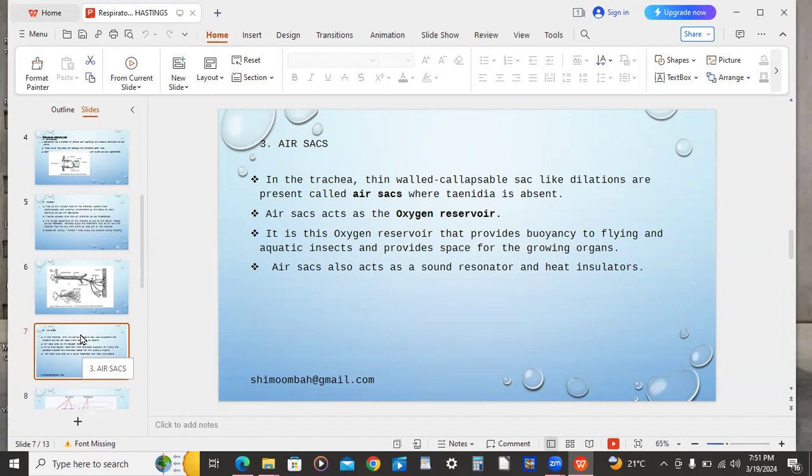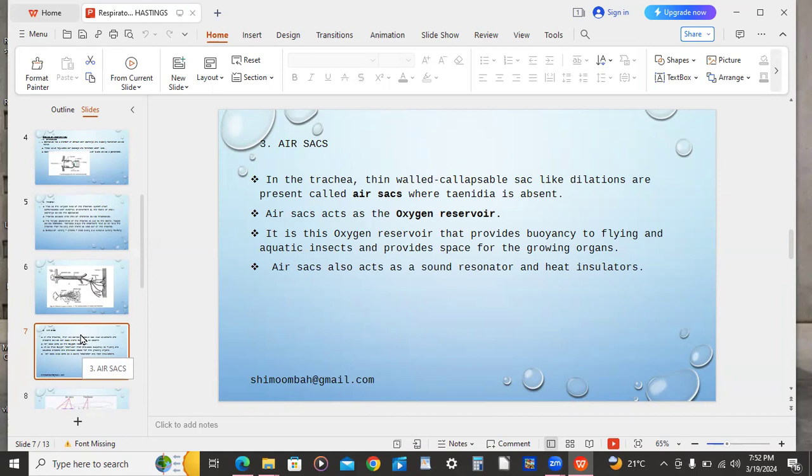It is these oxygen reservoirs that provide buoyancy to flying and aquatic insects and provide space for growing organs. What do I mean when I say they provide buoyancy? It means they give an insect the ability to fly in air and float on top of water.